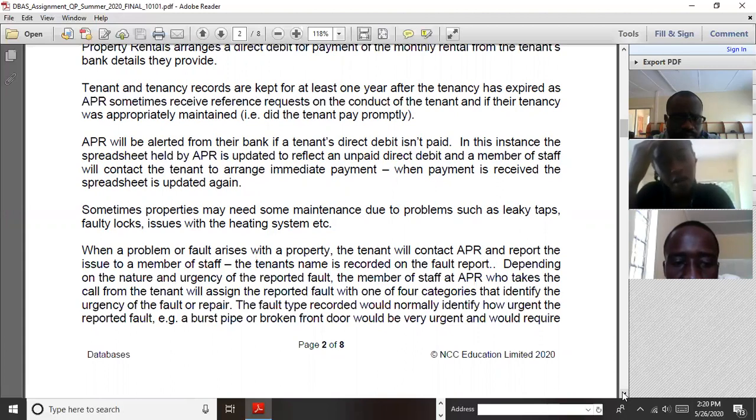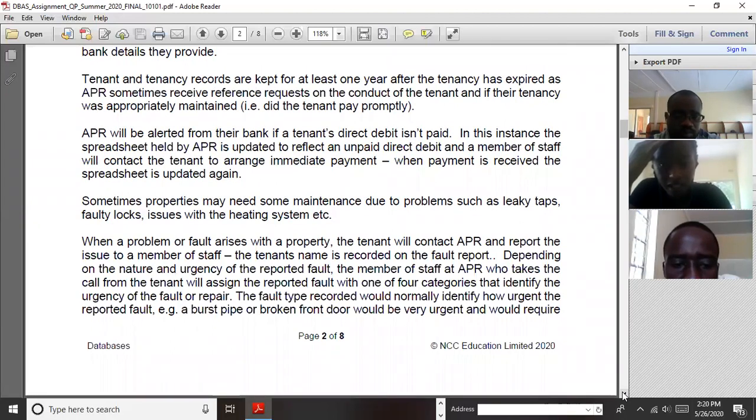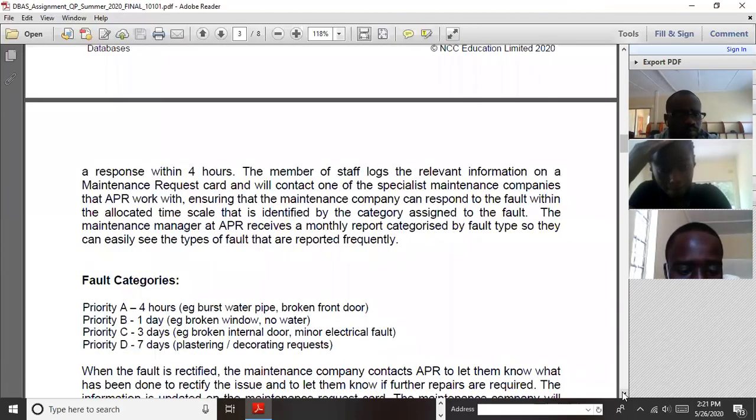Depending on the nature and the urgency of the reported fault, the member of staff at APR who takes the call from the tenant will assign the reported fault to one of four categories that reflect the urgency of the fault or repair. The fault type recorded will normally identify how urgent the reported fault is, e.g. a burst pipe or broken front door will be very urgent and would require a response within 4 hours.